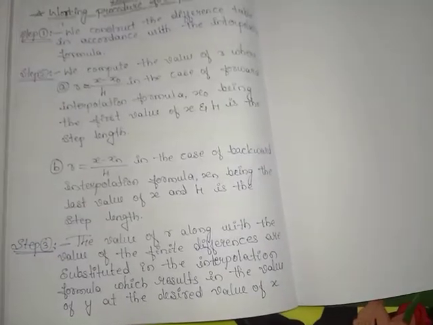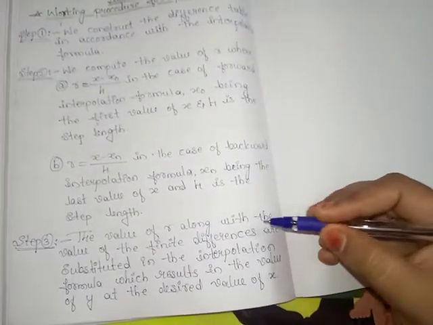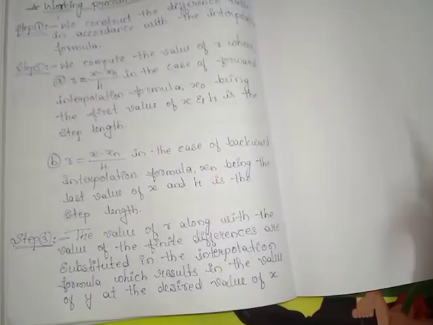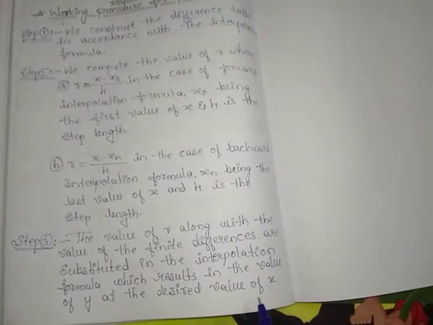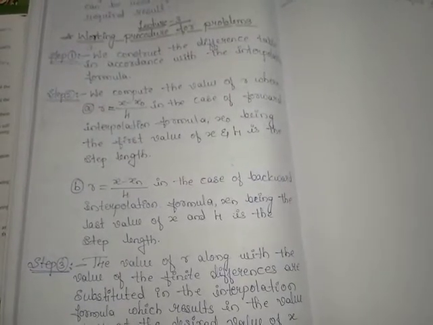If you are applying the forward interpolation formula, substitute in the forward formula. If you are applying the backward interpolation formula, substitute in the backward formula and calculate. You get the value of y at the desired value of x. This is about the procedure.